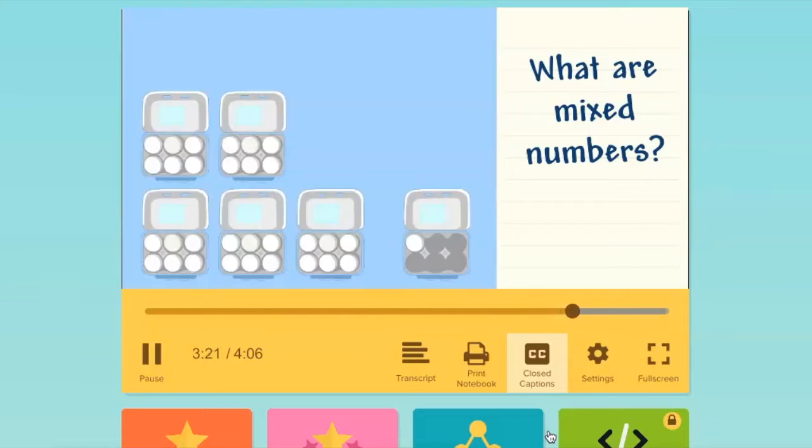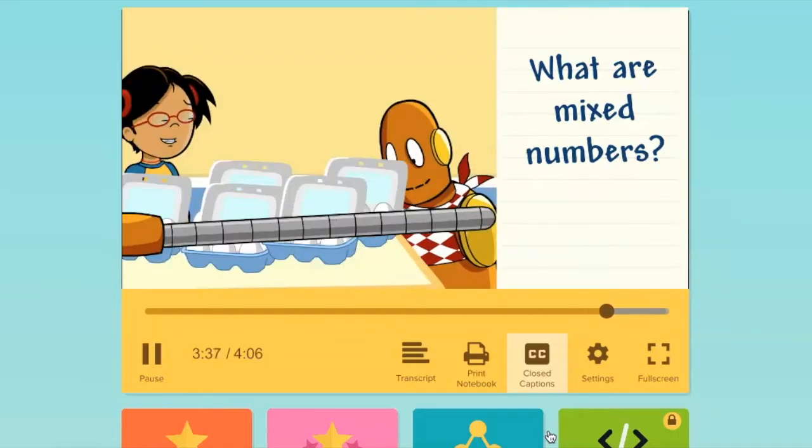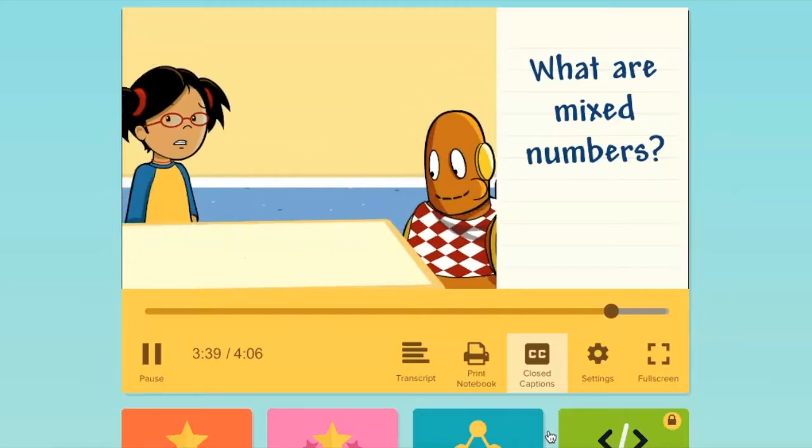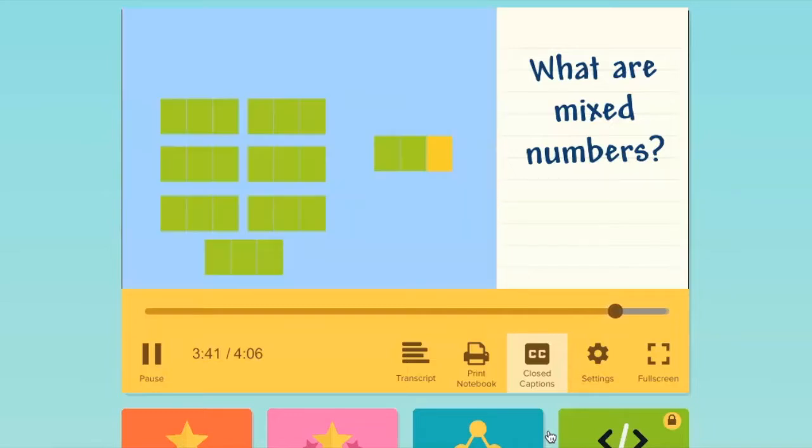How many cartons of eggs do you have? There are 5 full cartons. The last carton has 1 out of 6 eggs, or 1/6. So you have 5 1/6 cartons of eggs. What fraction of these rectangles is green?